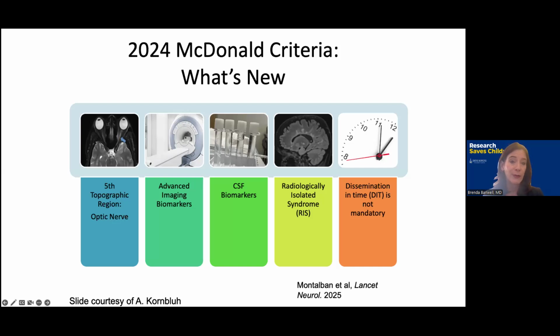With MRI, we made it easier to make the diagnosis of multiple sclerosis by showing that dissemination in time could be met by having both enhancing and non-enhancing lesions. And now in the 2024 criteria, if you have lesions in 4 of the 5 topographical regions, that alone would be enough, even though you don't have enhancing and non-enhancing lesions. So we've moved further along to facilitate prompt diagnosis.